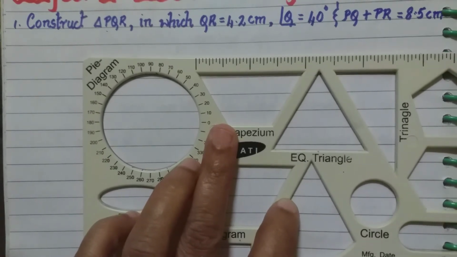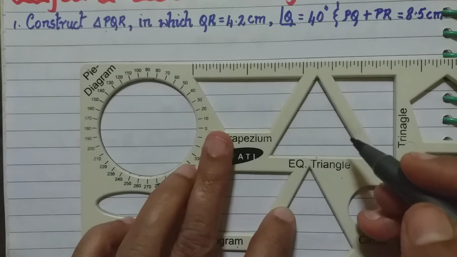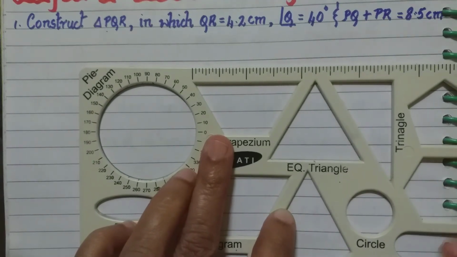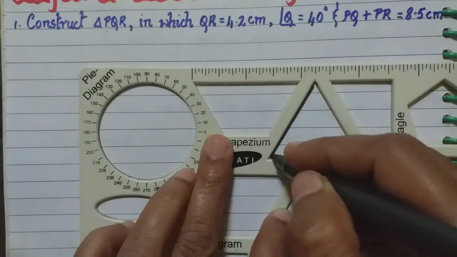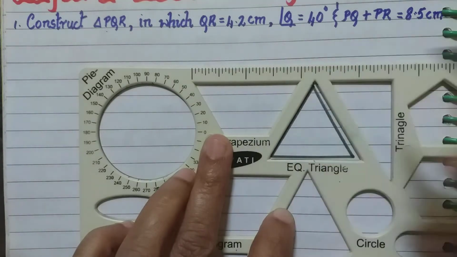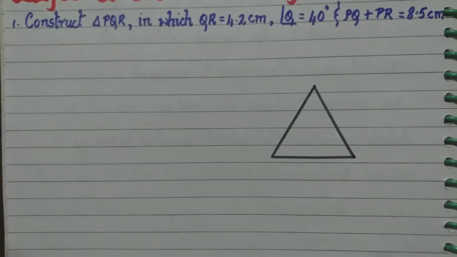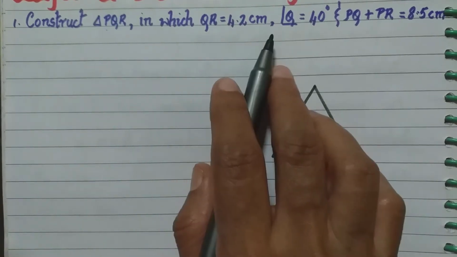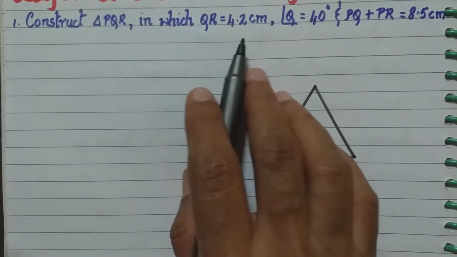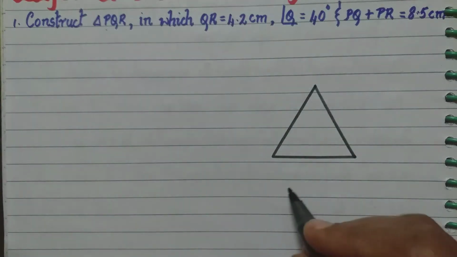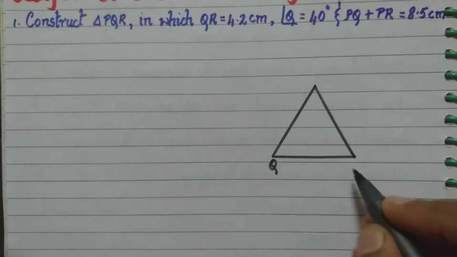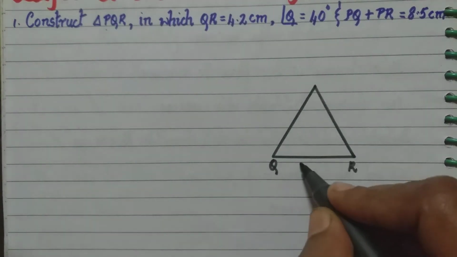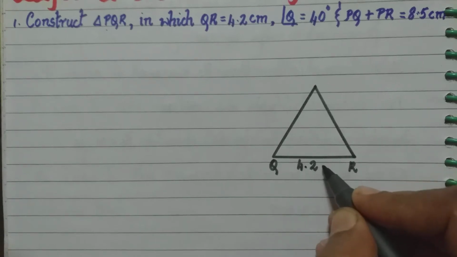Now this is a rough figure, so we can use a stencil and draw a triangle here. Which triangle are we constructing? Triangle PQR. QR is the base, QR is 4.2, so we write here QR, that is 4.2 centimeter.